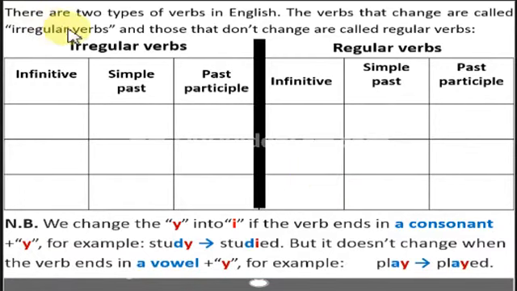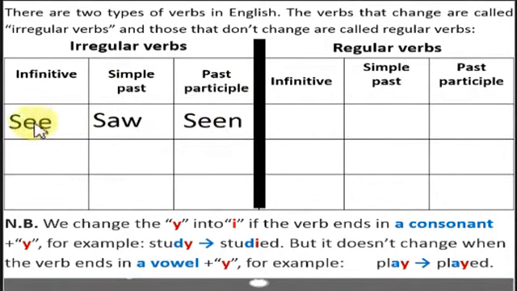So there are two types of verbs in English. The verbs that change are called irregular verbs, and those that don't change are called regular verbs. So irregular verbs, for example, see. The verb see is irregular because it changes in simple past and in the past participle. The simple past of see is saw, and the past participle of see is seen.